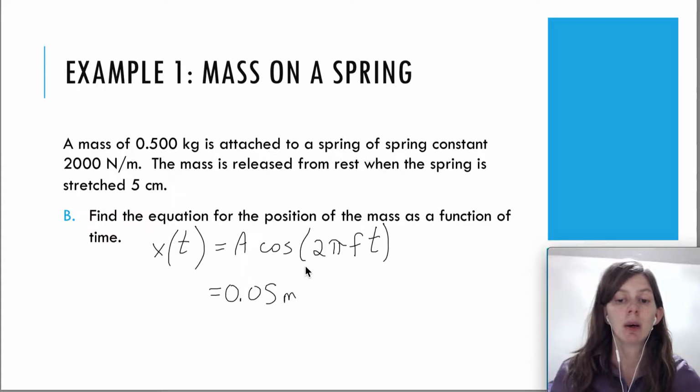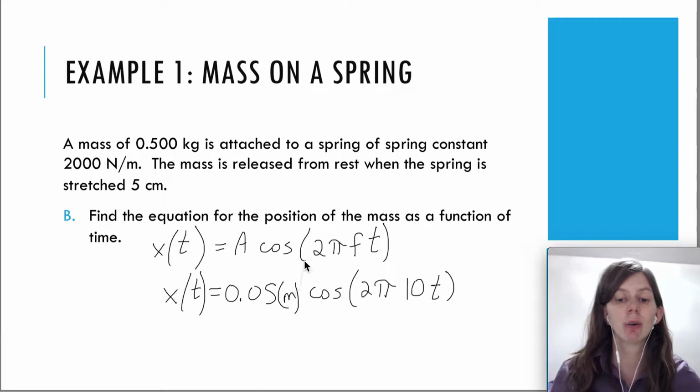And then we just have to plug in cosine times 2 pi, and then the frequency that we just found in part A was 10 hertz. And the time, we can leave it there because we're looking for the position as a function of time.